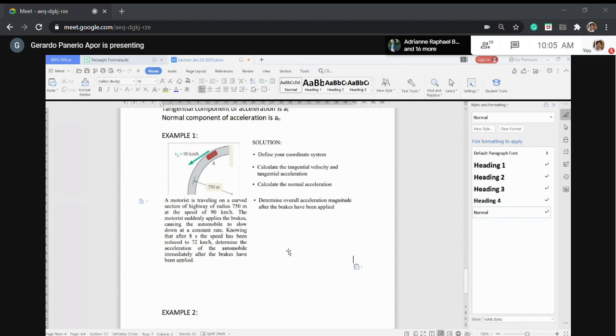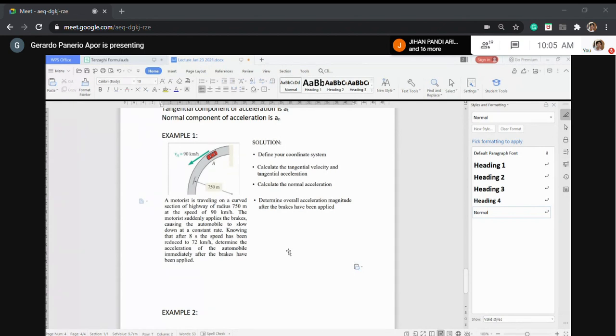If you don't slow down, you have an uncomfortable ride, and the vehicle may overturn.